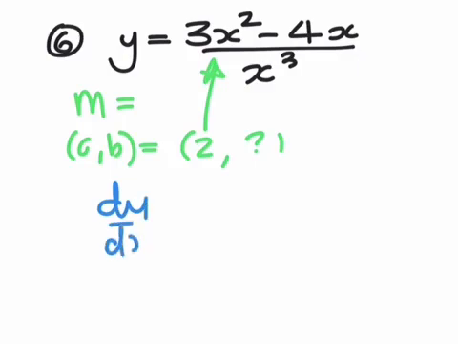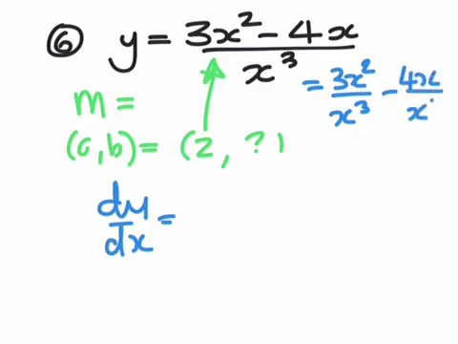How do we find the gradient? First of all, we do dy by dx. Now before we do that, we need to turn this question into 2 fractions. So write it as 3x squared over x cubed minus 4x over x cubed, which becomes 3.